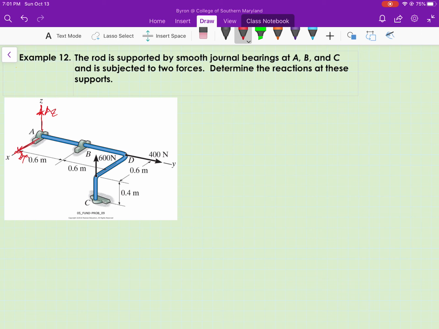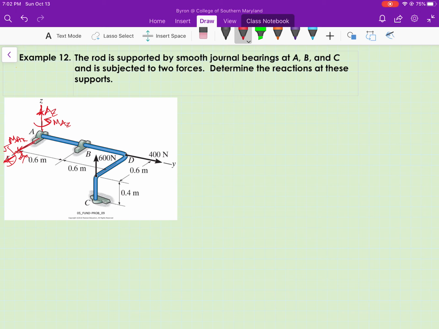a moment component about the x-axis. In other words, rotation is restricted about x, as well as z. So we would call those m sub a x and m sub a z.